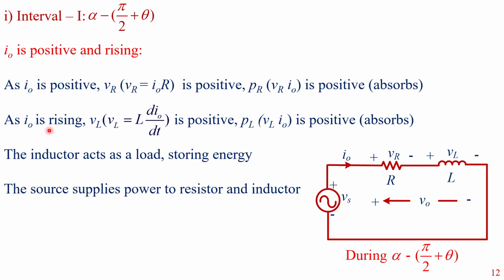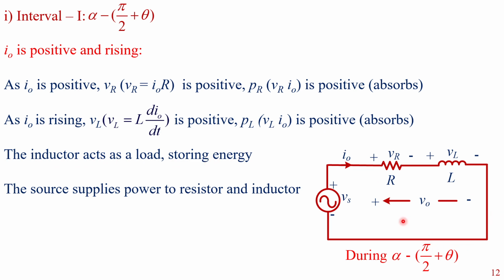Coming to the inductor, as the current is rising, the voltage across the inductor, given by L times di by dt, is positive, and the power of the inductor is positive. So the inductor acts as a load, storing the energy.